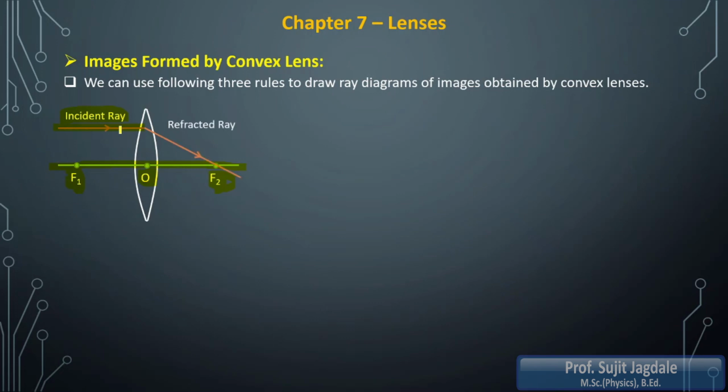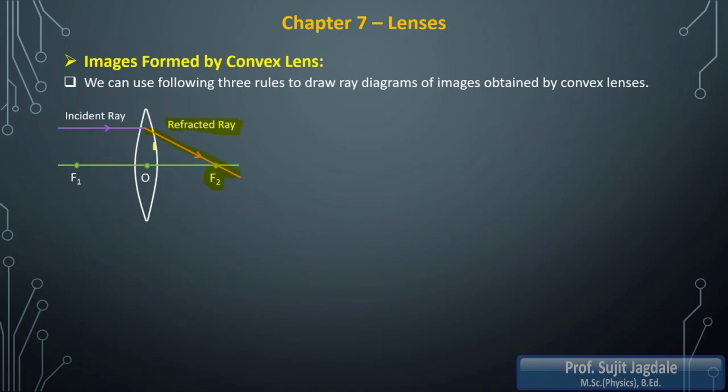Now after refraction, we get the refracted ray. If you observe very carefully the position of that refracted ray, you can see very clearly that it passes through the focus point F2, because the convex lens is a converging lens.